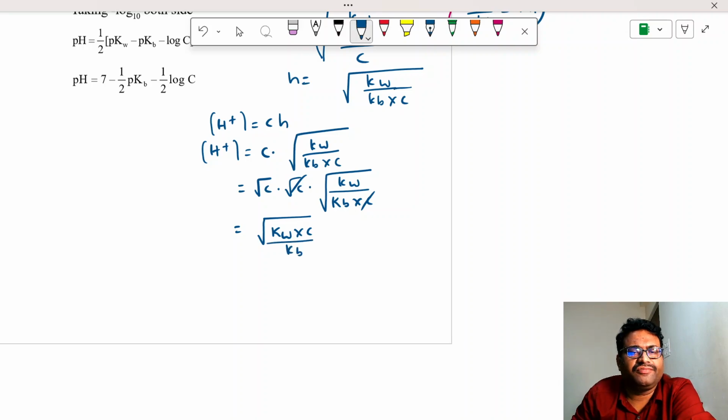So H plus ion concentration is equal to root of Kw into C by Kb.